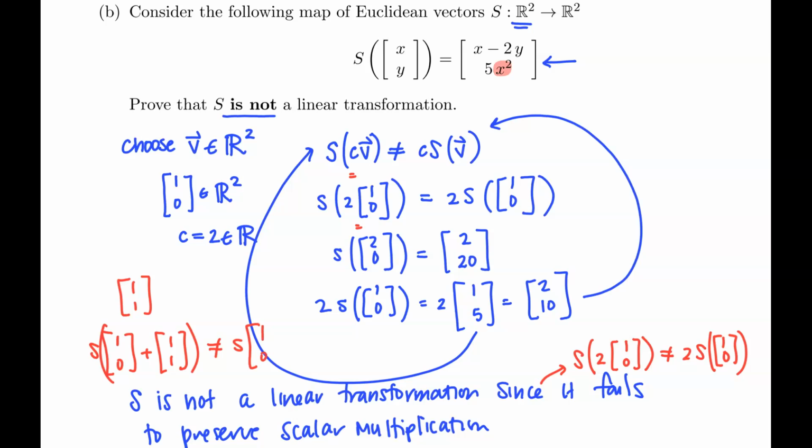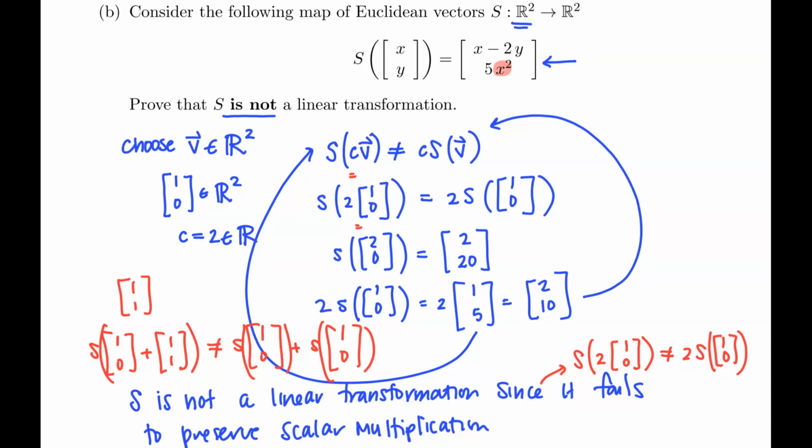But again, we want to be clever and choose values where I'm going to get an x that is different whether I square and add or add then square. So in this case, 1 squared plus 1 squared is 2, but 1 plus 1 is 2 and that squared is 4. This would fail to preserve as well.